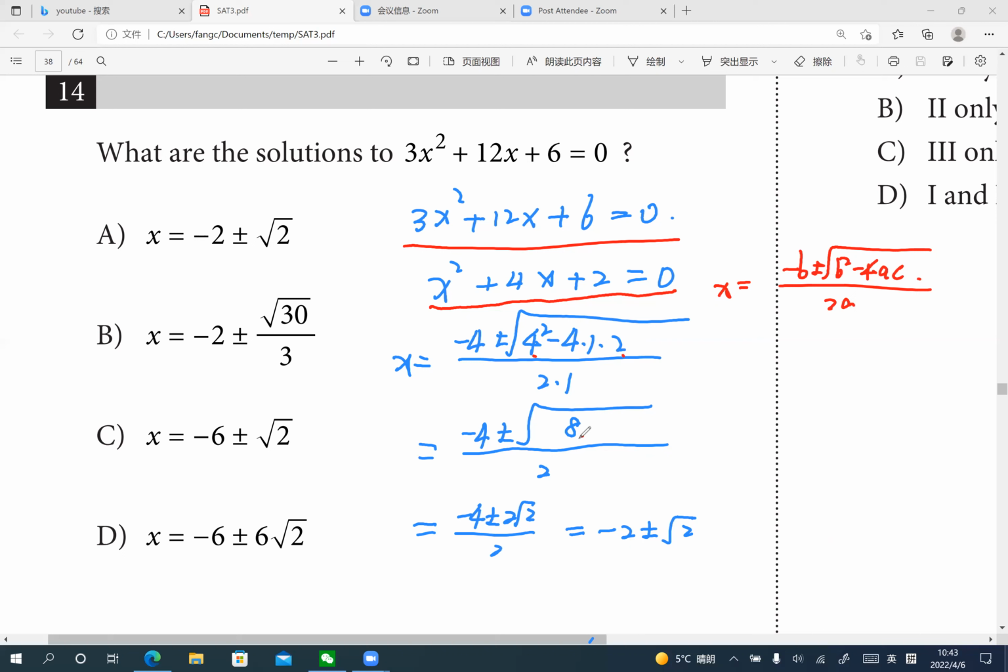Then we can simplify this radicand. We get 2 times the square root of 2. We simplify this expression further, then we get x equals -2 plus or minus the square root of 2. So we should choose option A.